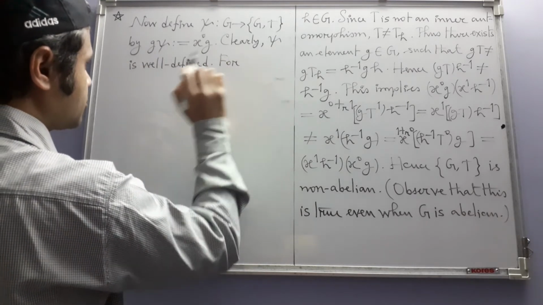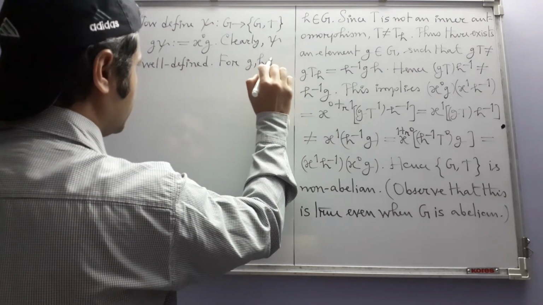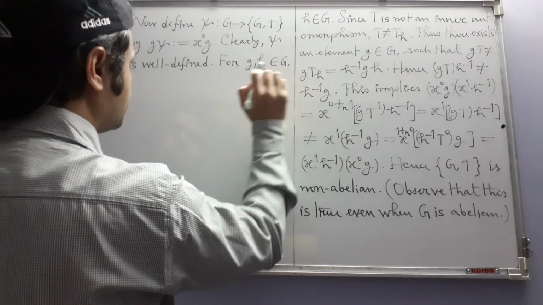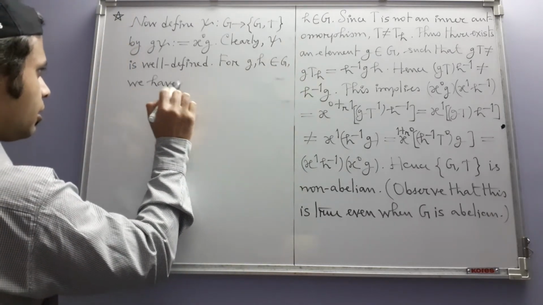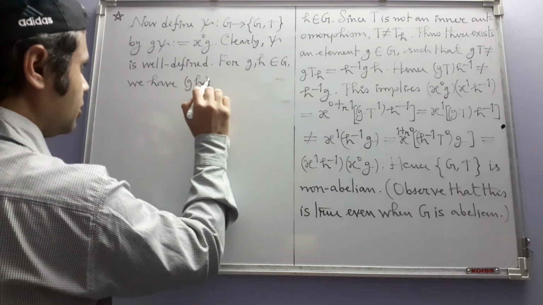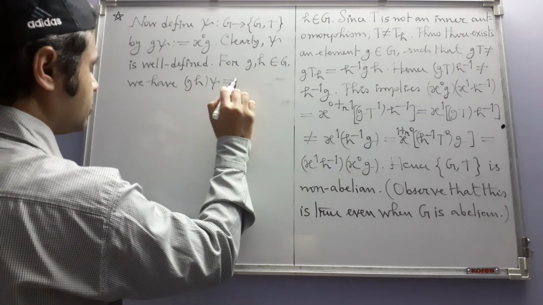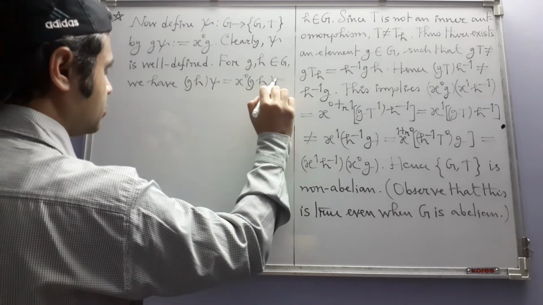Now next we show that it's a homomorphism. For G and H belonging to G, we have GH psi equal to x0 GH.